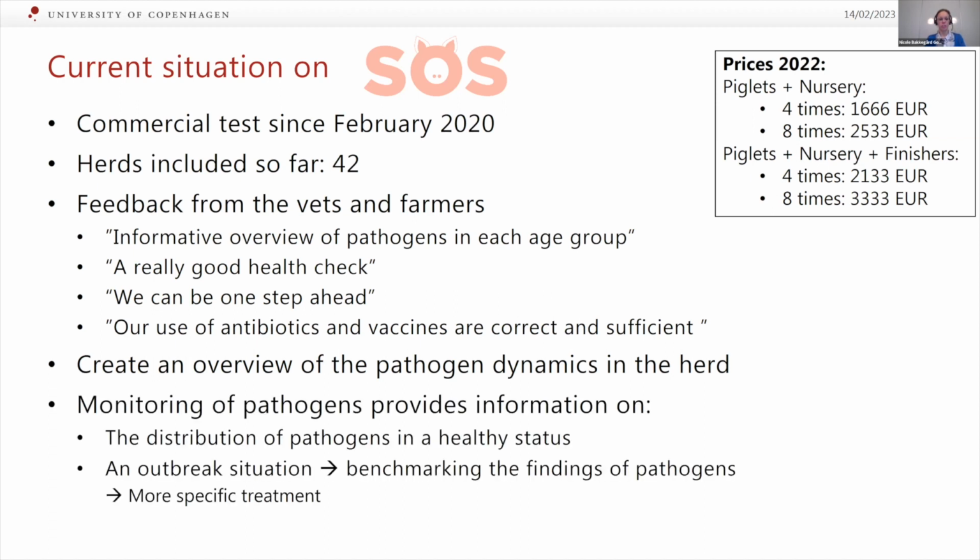Furthermore, this knowledge of the pathogen dynamics in a healthy status can be helpful in an outbreak situation, since the farmer and the veterinarian already know which pathogens are present and at which level. This greater knowledge about the pathogen pattern within a herd can hopefully lead to a more specific treatment of the animals.